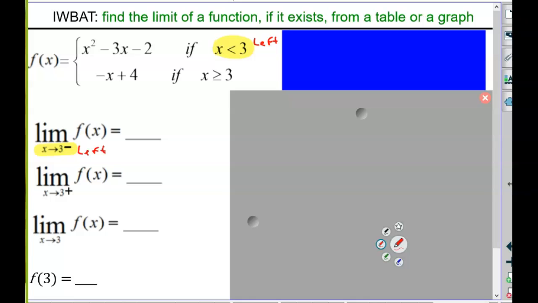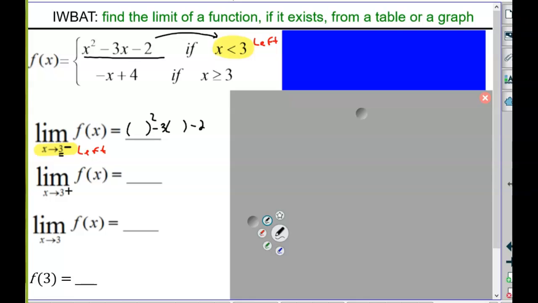So how do we do that? Well, we're going to take the fact that I want to be close to x equals 3. Oh, you should write this. If you didn't write this, make sure you do it. And we're going to actually take the equation for the left-handed limit, and we're going to just plug in positive 3.